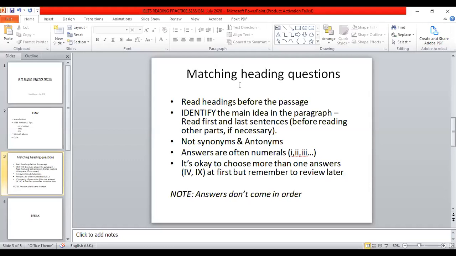That is why it's best to use a pencil. You go back to erase what you are not sure of. Even your writing, it's best to use pencils. You erase whatsoever you want to erase, and you can feed in some other things in there. It's only in matching headings and a few other ones that answers don't come in order. In most cases, the answers come in order.